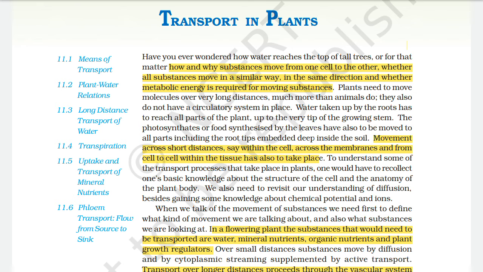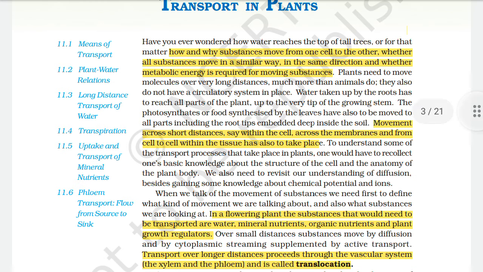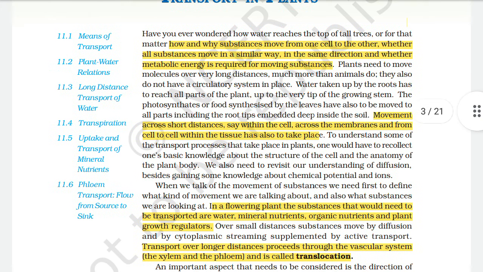In the first page, the main introduction is given in the whole chapter, that how water and food get transported through short distance and through long distance. Unlike animals, no circulatory system is present in plants, then how do water and food get transported to such long distances? There should be some system present there.